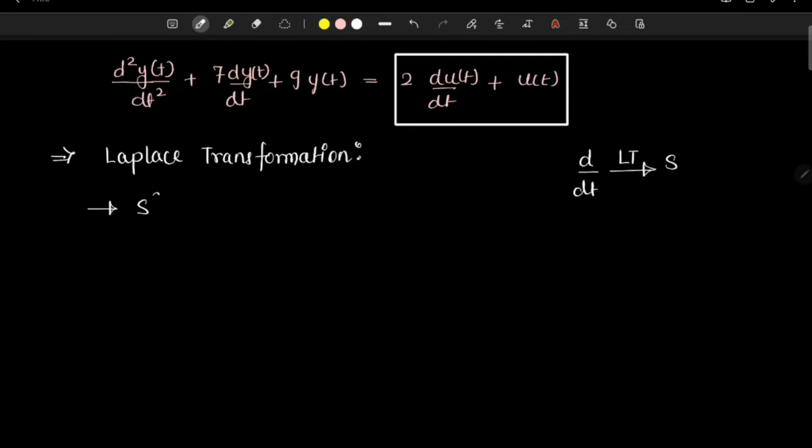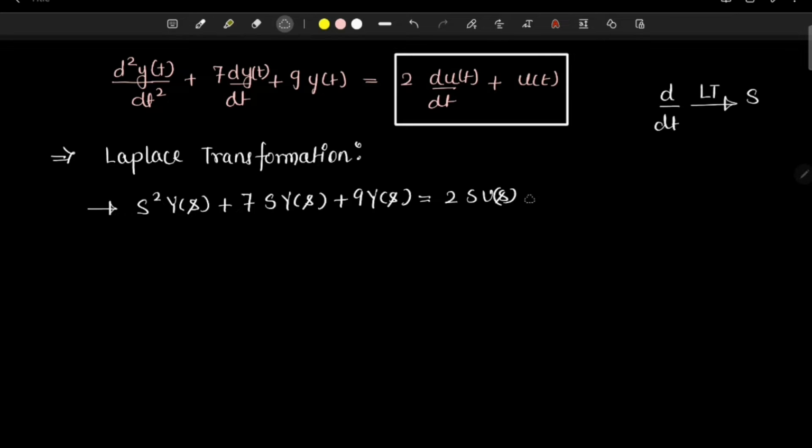So this will be s square y of s plus 7s into y of s plus 9y of s is equal to 2s into u of s plus u of s.